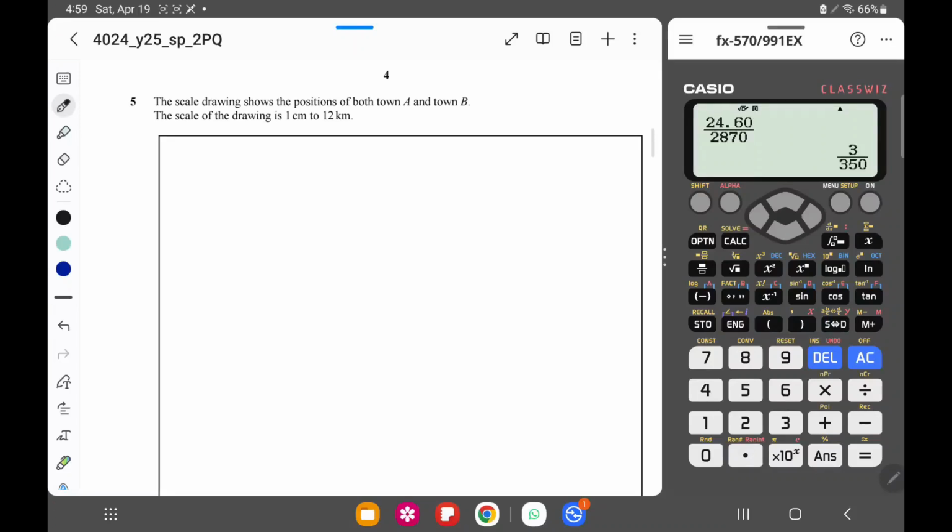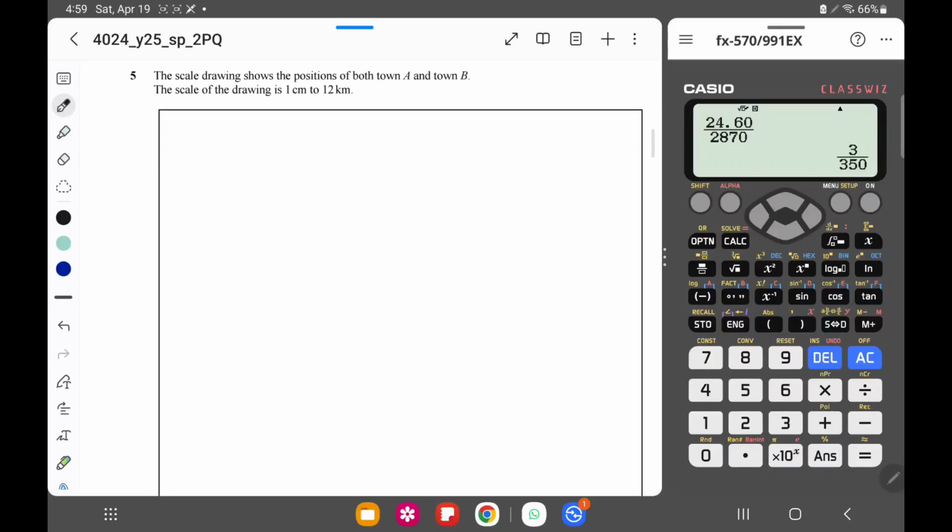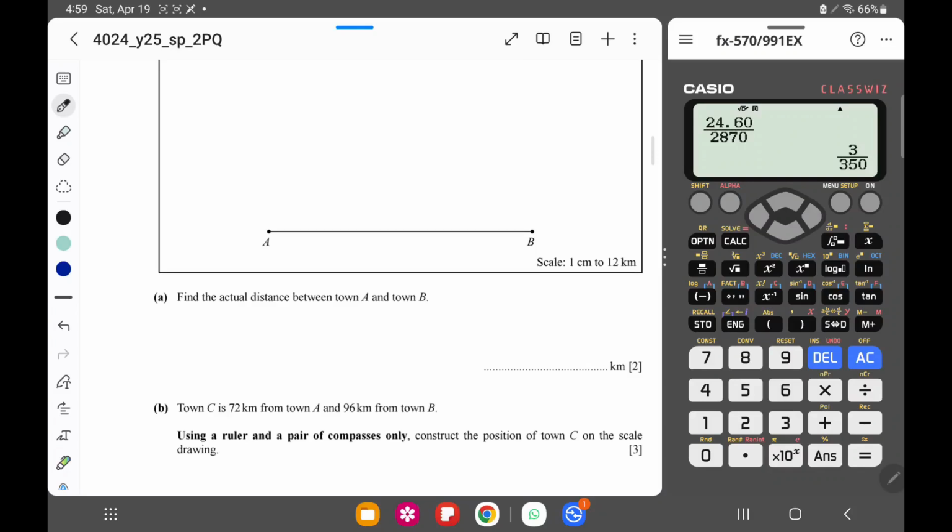In question number 5, the scale drawing shows the positions of both town A and town B. The scale of drawing, 1 centimeter to 12 kilometers, is given in this question. Okay, so they have given us already the AB line. If we measure the AB line, that will be 8.8, 8.9 or 9 centimeters. So if I take 8.8 centimeters, you will have to photocopy the paper and then measure it for this one.